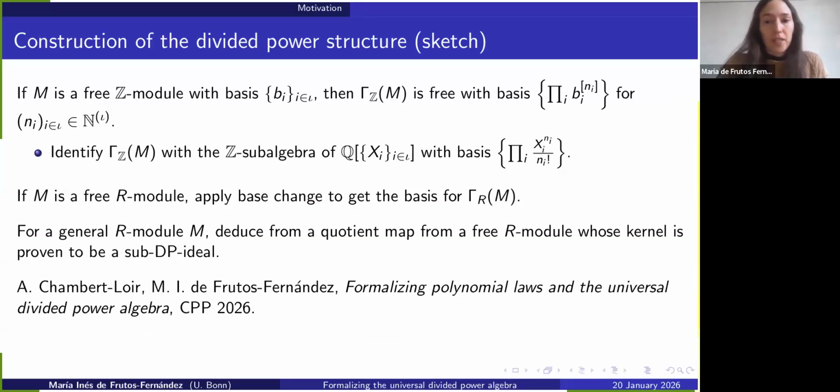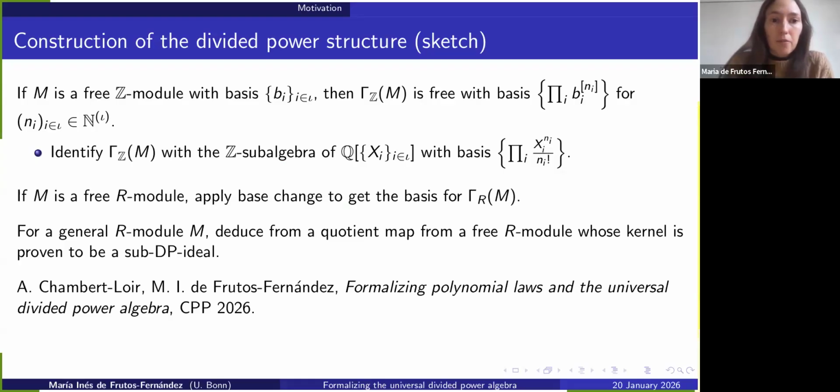And this is a very quick sketch. If you want to see all of the details, you can go to the link to the code or to this paper that I mentioned here. But the idea is we want to reduce to the case where M is a free Z-module, or a free abelian group.